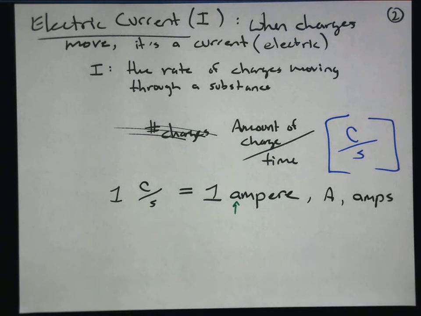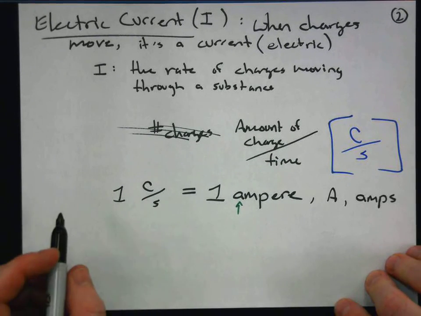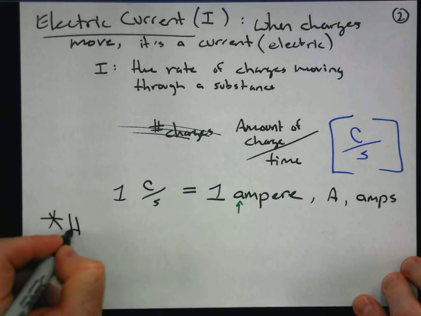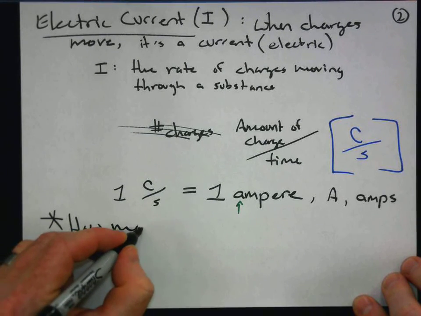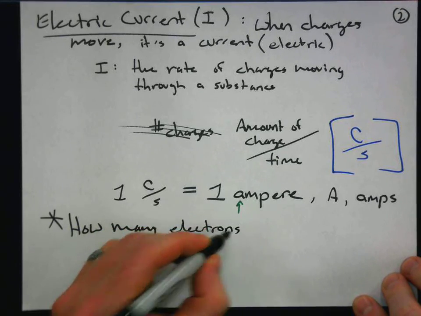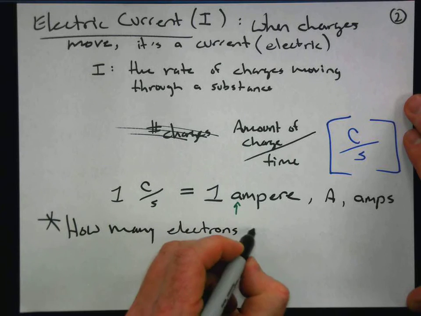So now we need to look at this though and give it some thought, because we need some sense of an amp. Is it a large amount of current? Is it a small amount of current? We need some sense of what's going on here. So we're going to ask ourselves a question. How many electrons are needed to make up 1 coulomb of charge?